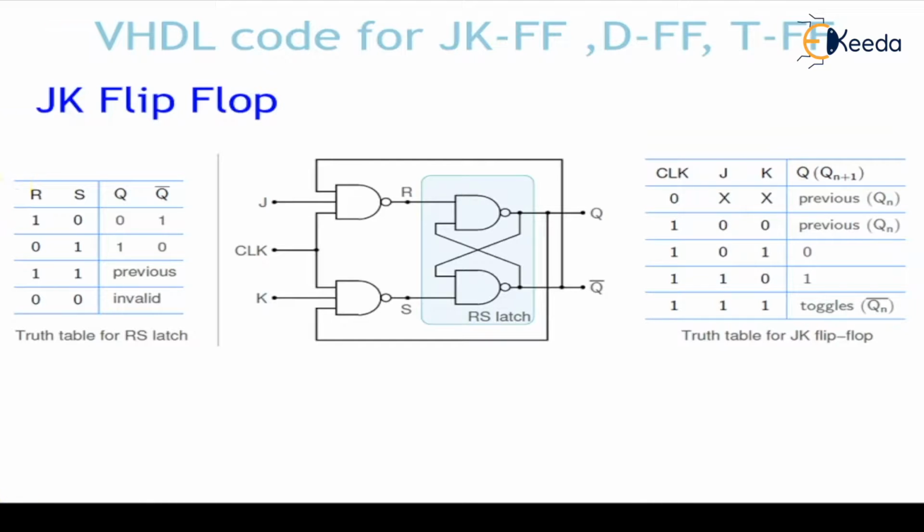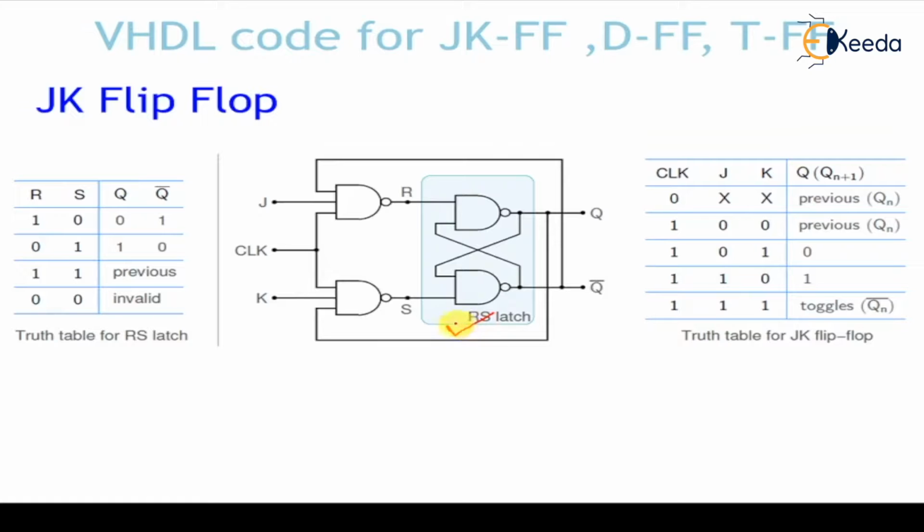So we will start again with the basics of the truth table of the JK flip flop. Everyone knows the JK flip flop is built from the RS latch. So I recommend, if you want to understand the complete implementation of the JK flip flop using RS latch, go back and watch our video where I have covered sequential circuits with examples.